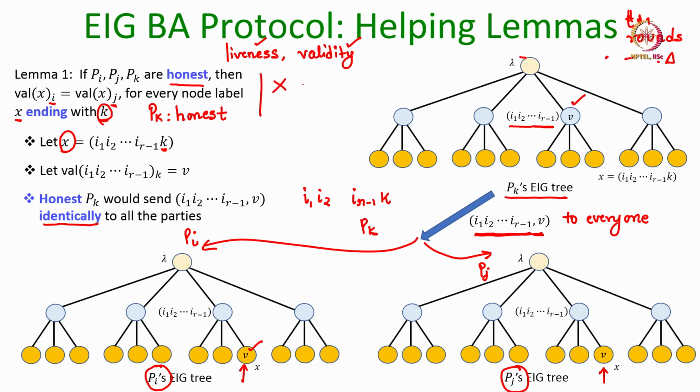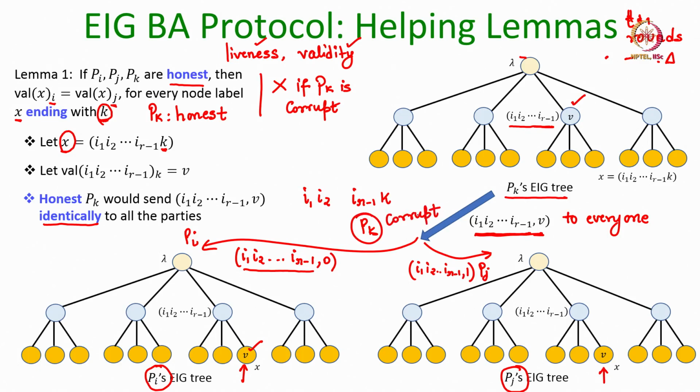Okay, the lemma does not hold if pk is corrupt, because if pk is corrupt, then to pi it might send the value I sub 1, I sub 2, ..., I sub r minus 1 and say 0. That means it is telling that 0 is the value in my copy of the EIG tree with the label I sub 1, I sub 2, ..., I sub r minus 1, whereas to pj it might send that the node with label I sub 1, I sub 2, ..., I sub r minus 1 has the value 1.